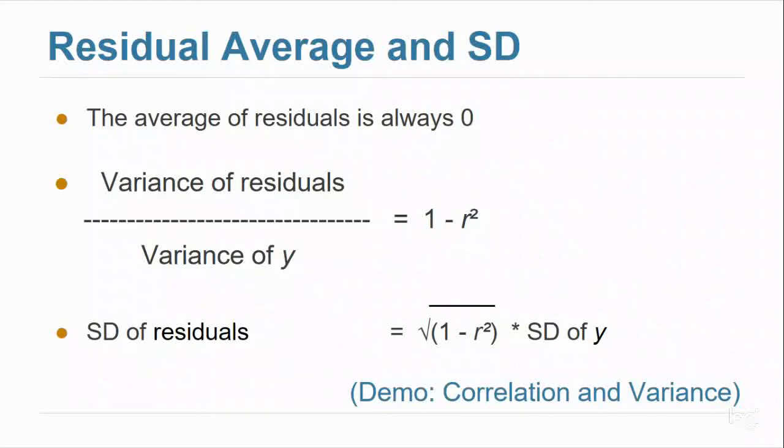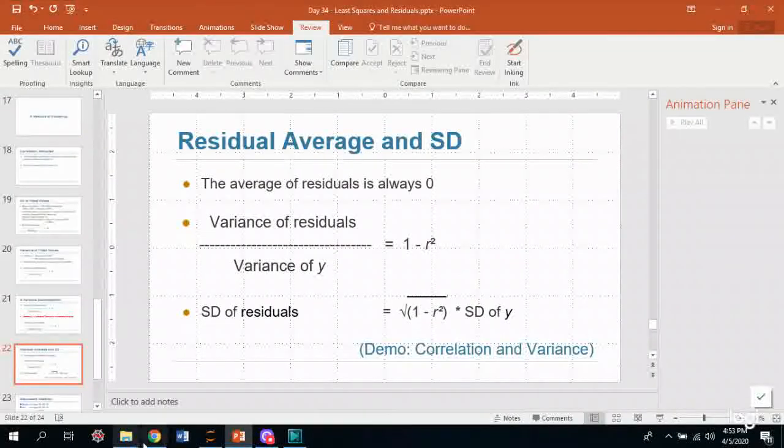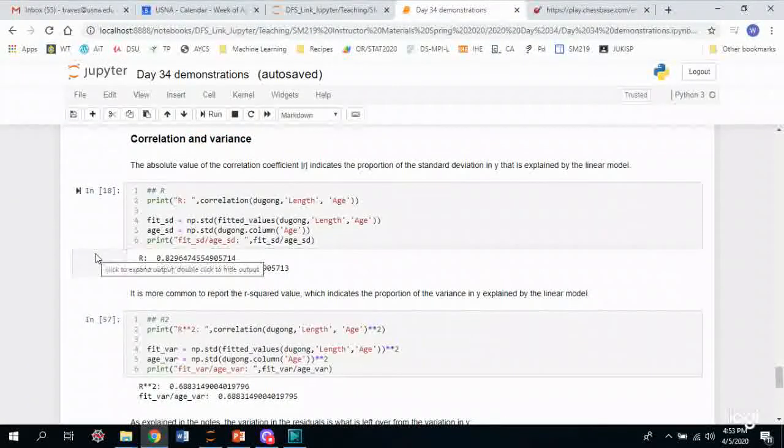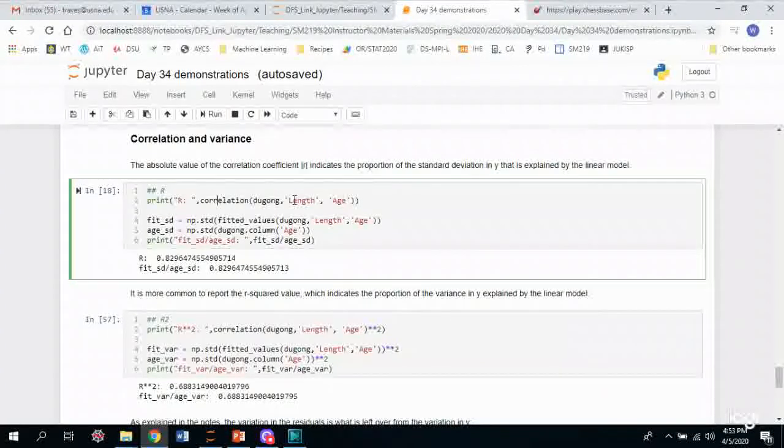Let's move over to the demonstration. Here we've got some functions that will compute the correlation and variance for us. And in the first line, we're computing the correlation of length and age in the dugong data. And then after that, we're computing the standard deviation of the fitted values for age divided by the standard deviation for age itself.